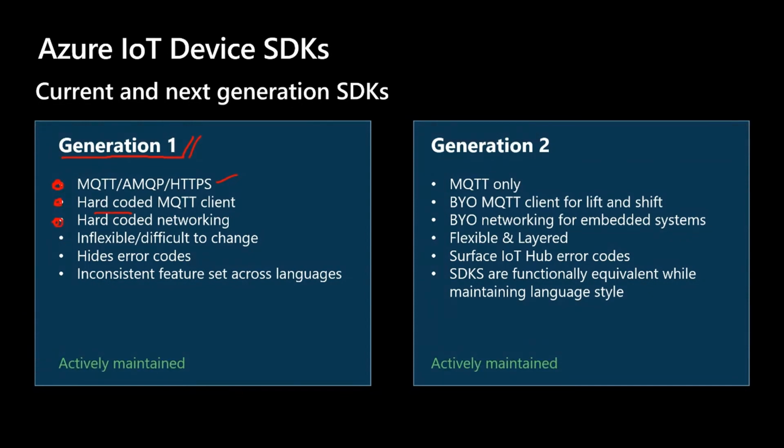Same goes for networking. And because we are bringing all of these capabilities to support MQTT, AMQP, and HTTPS, changing them might be complicated. Also, because we have all of these internal layers, getting error codes might be a little cumbersome. And finally, the feature set is not consistent across all of the different languages.